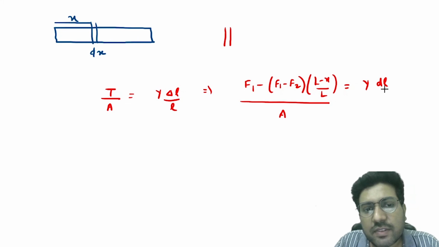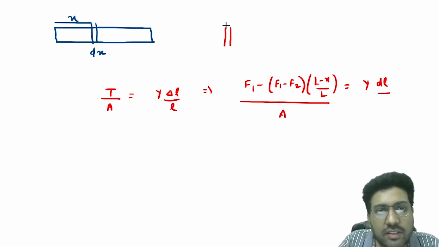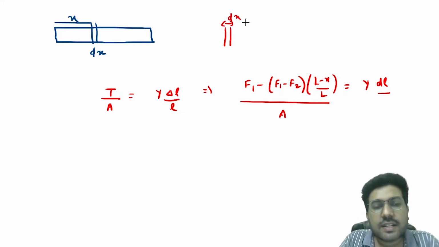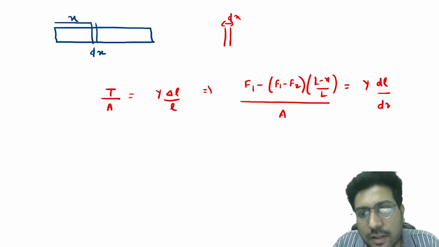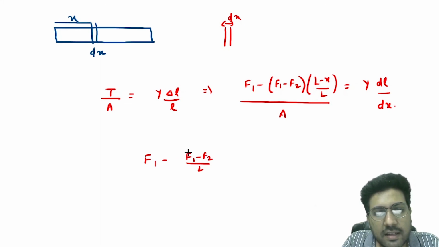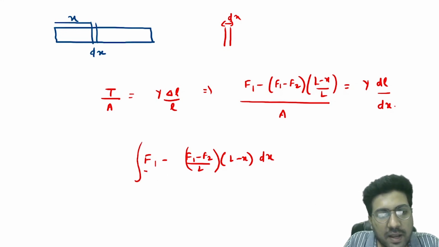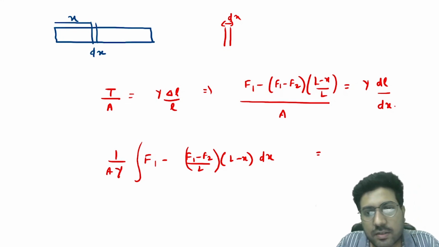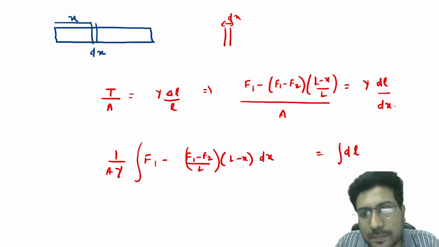We will write it as dl, and the length of this element is dx. We are concentrating only on this element. So from this you will get (F1 minus F2) by L into (L minus x) dx by AY, and write 1 by AY outside, is equal to integration dl.